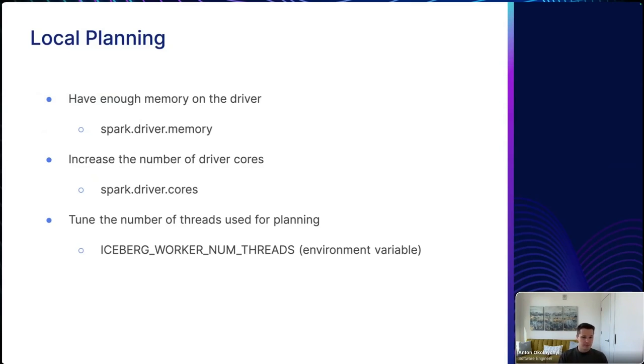So the more cores you give, the faster your job planning will be. And if you want to go low level, you can also play around with the number of threads that is used for planning. In a lot of cases, planning is an IO intensive operation, and you can give more threads than the number of cores, and it may be beneficial, but in some cases it doesn't really help. So it's not as important as the first 2 points.